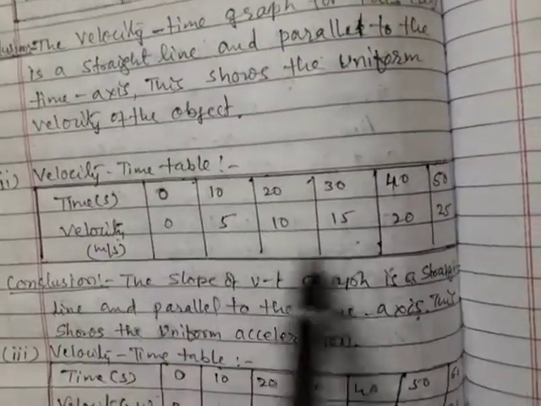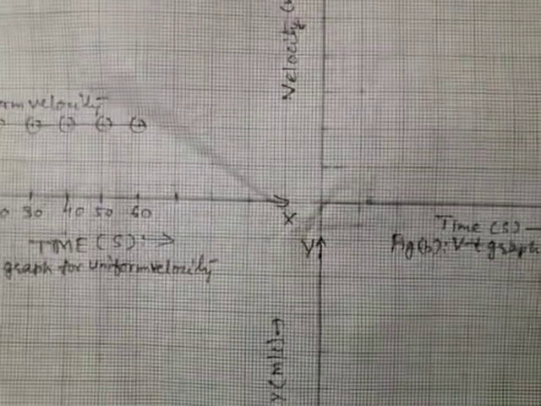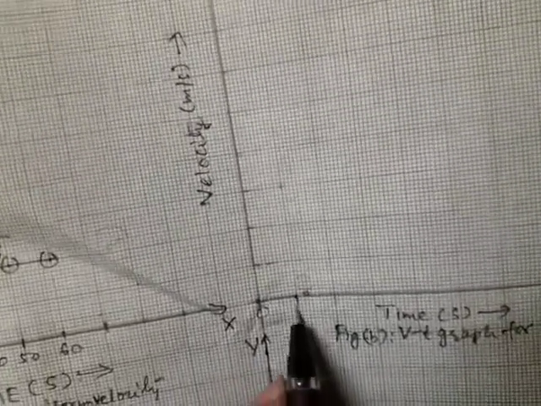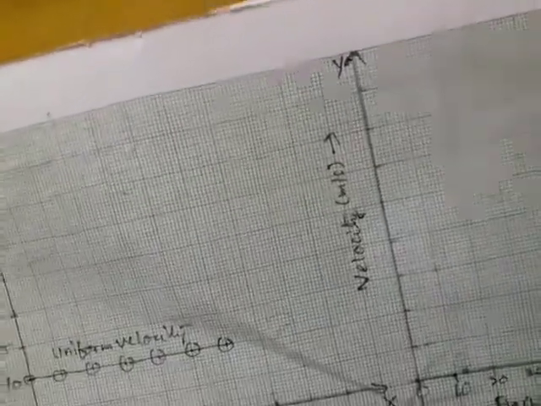Now we are going to plot the graph on the basis of this velocity time table. In the second figure, the time is taken as 0, 10, 20, 30, 40, 50, 60, 70, etc. This is the origin, this is the x-axis and this is the y-axis.